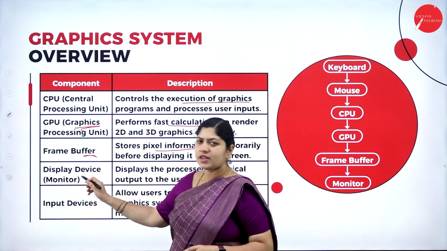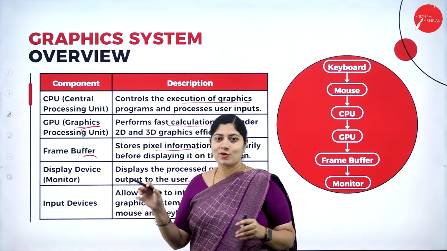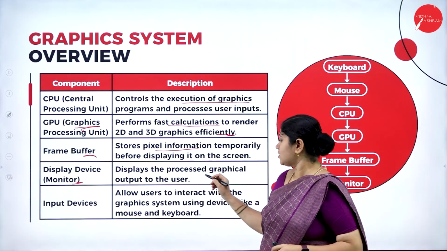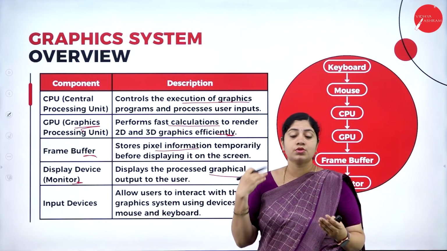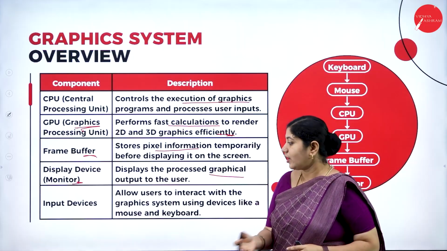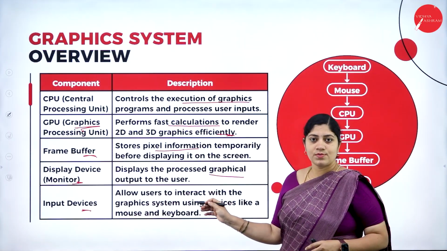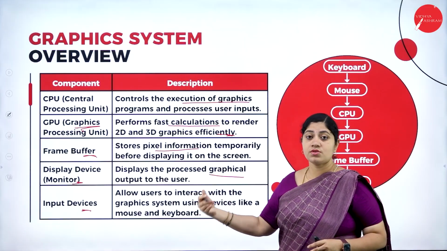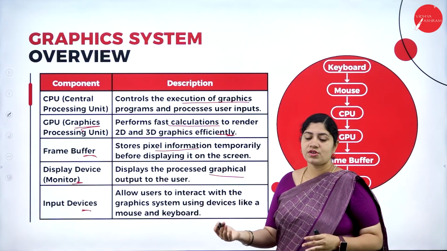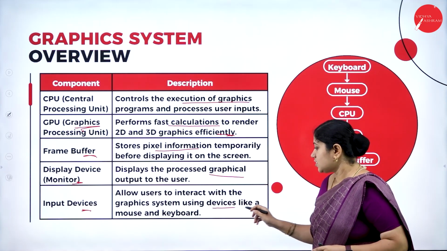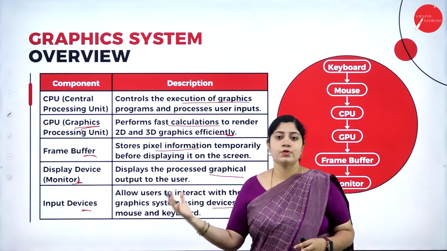So the next component that we can consider is a display unit, that is none other than our monitor. So it displays the processed graphical output to the user. All right. The next component is an input device. As we know, the input device is used to allow the user to communicate with the various graphic systems using devices like mouse, keyboard, etc.